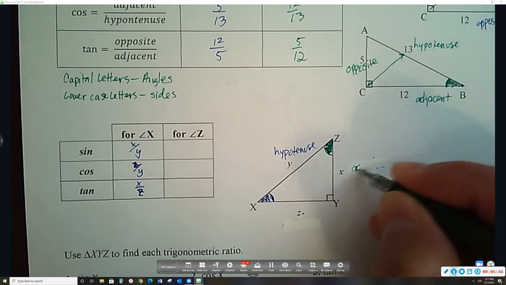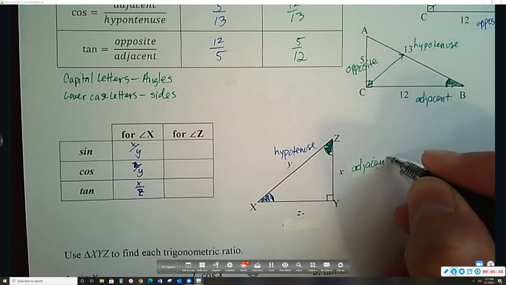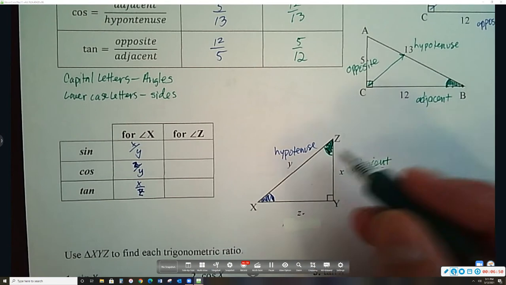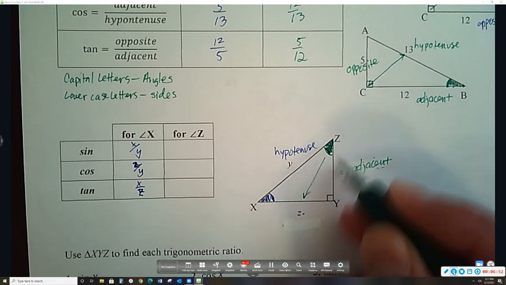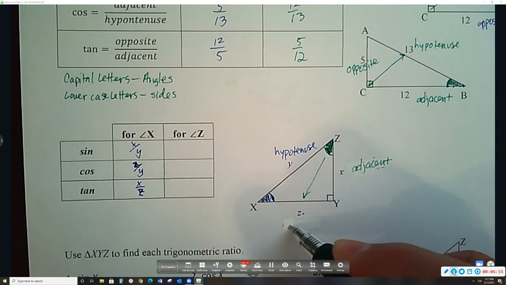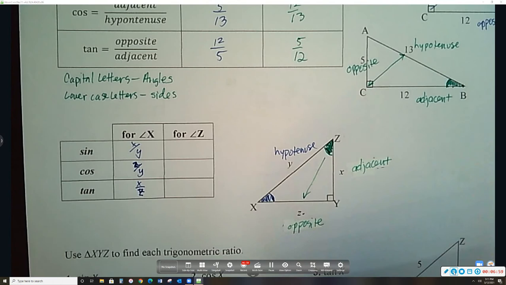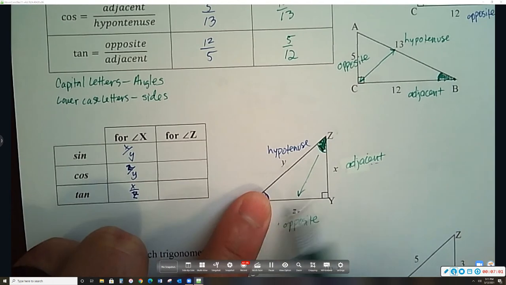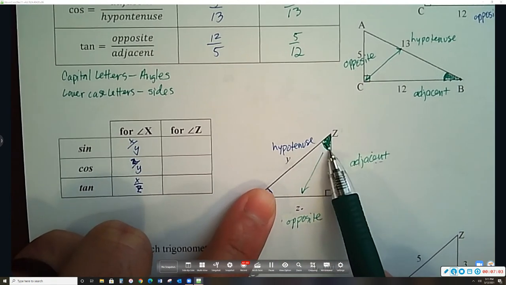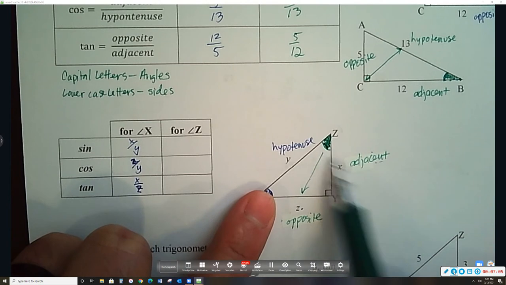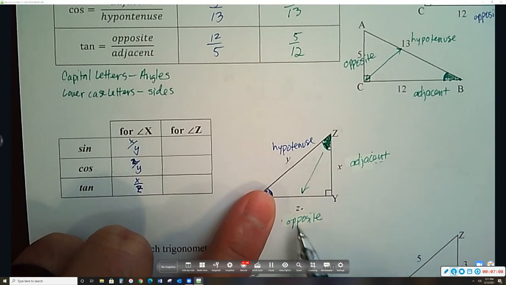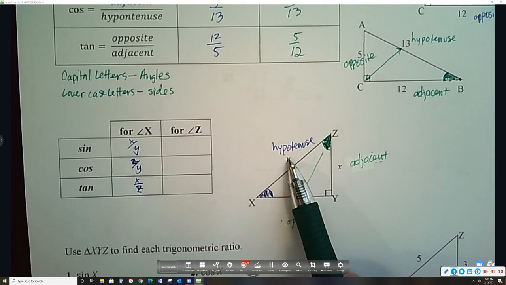So this one becomes the adjacent leg, and then across angle z is side z. So this one over here is the opposite leg. Okay, imagine this isn't the angle of focus. Now it's angle z. We want to focus on angle z. So that's the adjacent leg, that's the opposite leg, and that's the hypotenuse.